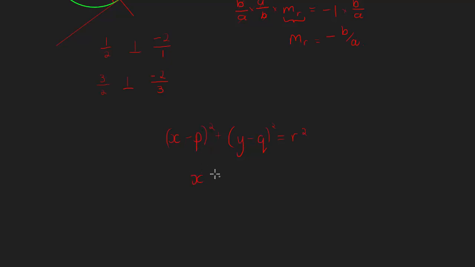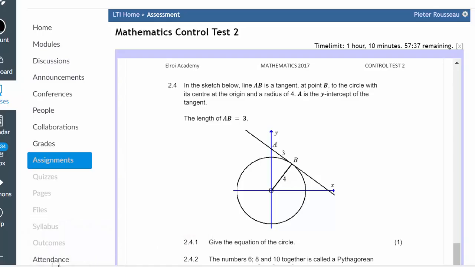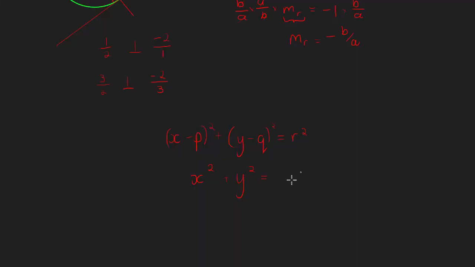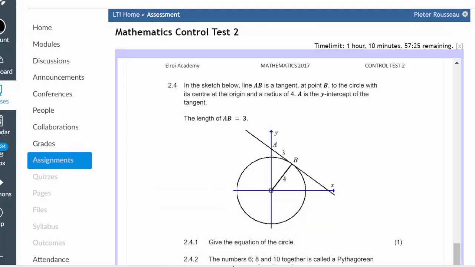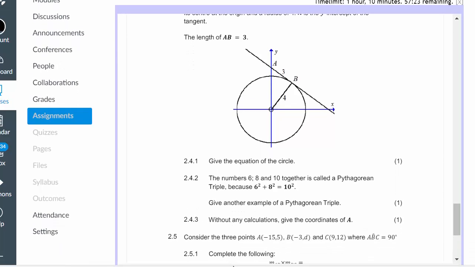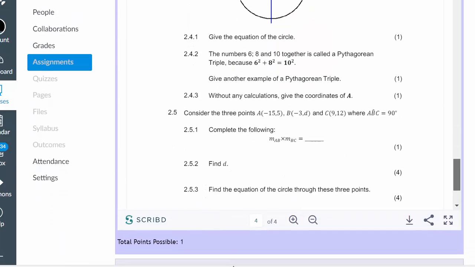So it's x minus 0 squared plus y minus 0 squared is equal to, and then the radius we said was 4, so here we must have 4 squared, which is 16. Or you could have put 4 squared, that would have been correct. Okay, and then finally, last question. Actually there's a few more questions, sorry about that.